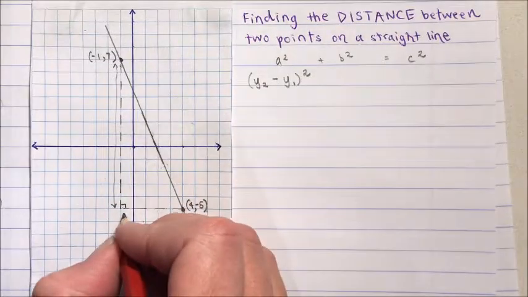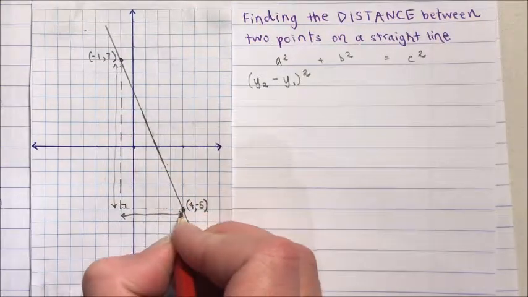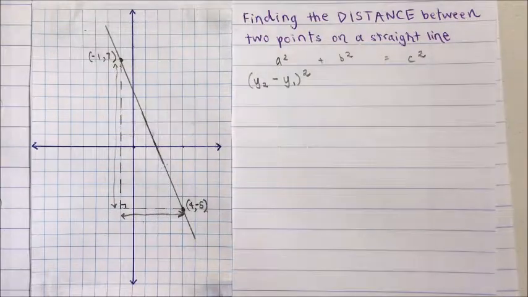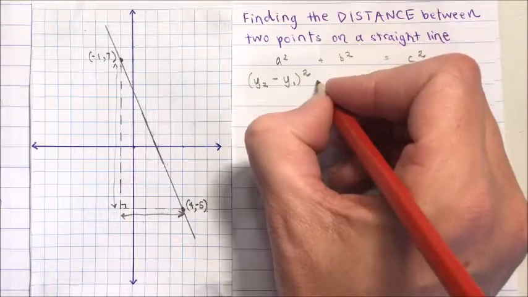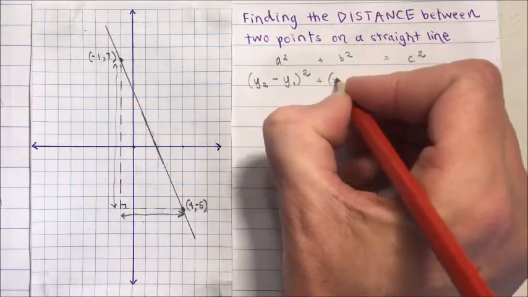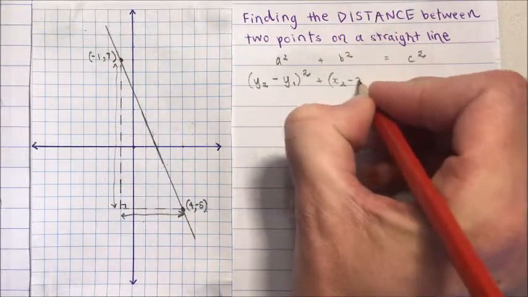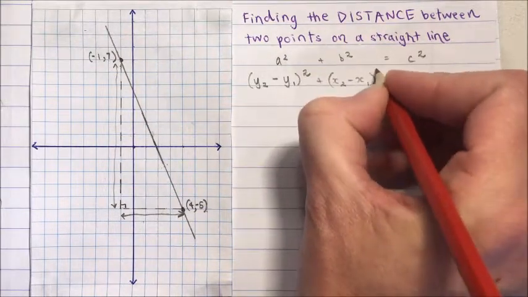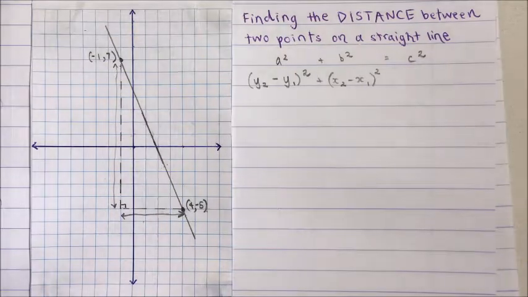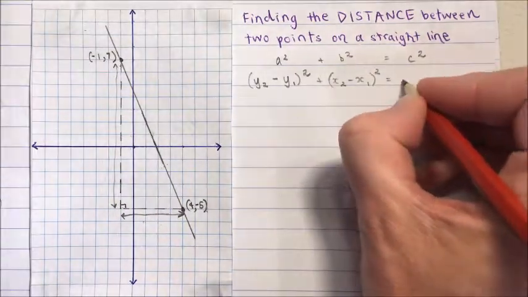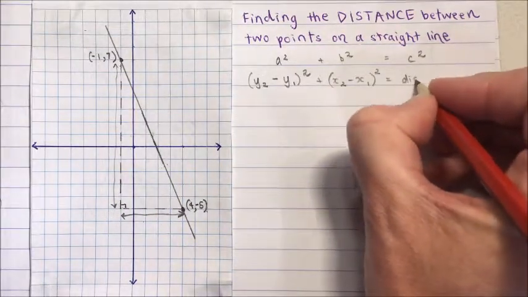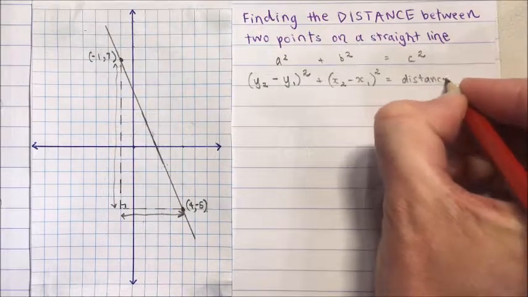To find b, we're looking for the run. Again, from gradient work, we know that to find the run, it's x2 minus x1, and that'll give us b squared equals, and for now we're going to write in distance squared.